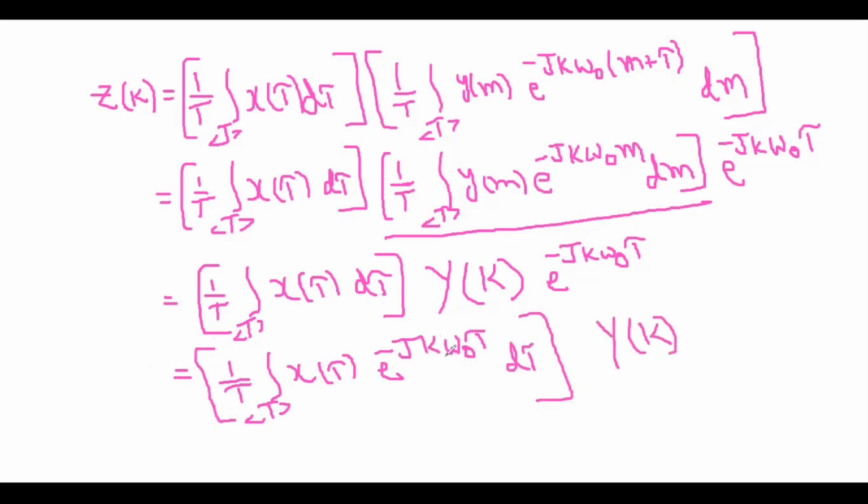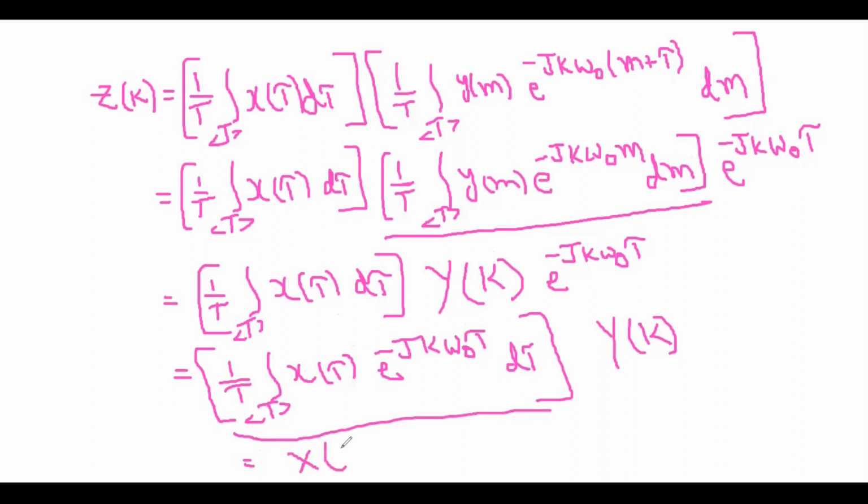Now you can observe this function is also similar to the analysis equation, 1 by T, the integral over T, x of tau e power minus jk omega naught tau d tau. Instead of t here, the tau is there. Here, instead of t, m is there.